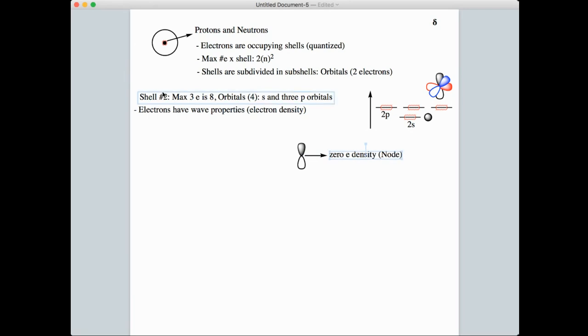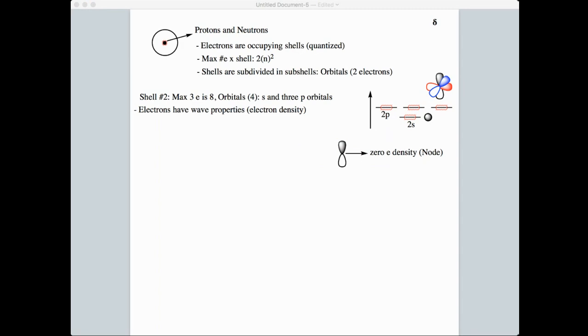Another thing that I emphasized in the previous class was the fact that this p orbital has different shading. Anybody remember what the shading in the orbital refers to? That's another really important thing. The sign of the wave function.